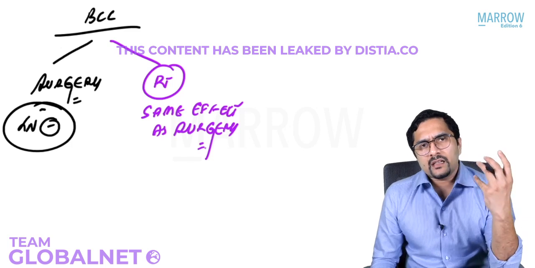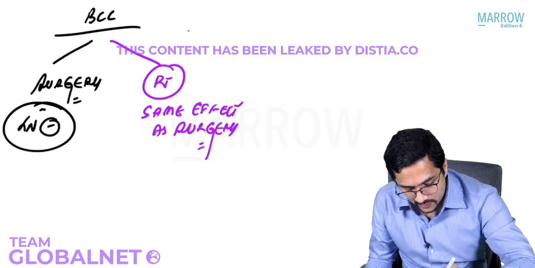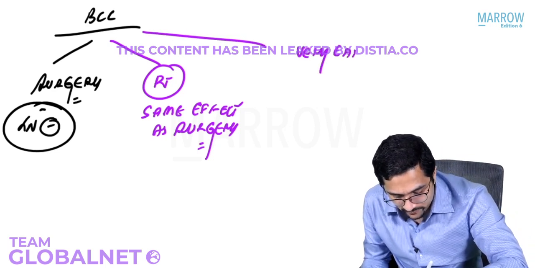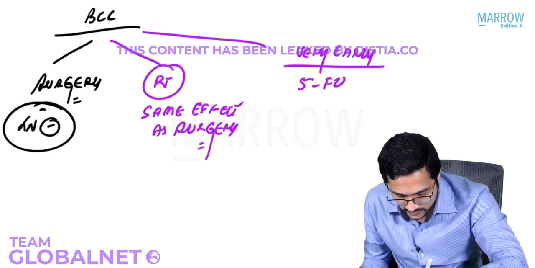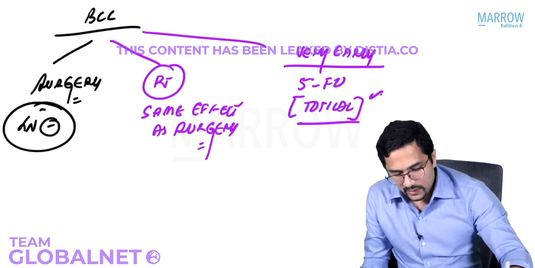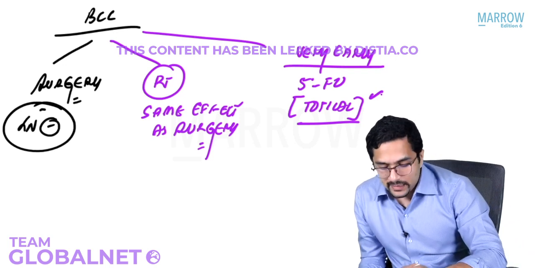So if you have a very elderly person who cannot undergo surgery, there we can use radiotherapy. For very early lesions, topical 5-fluorouracil cream can be used. So this takes care of basal cell carcinoma.